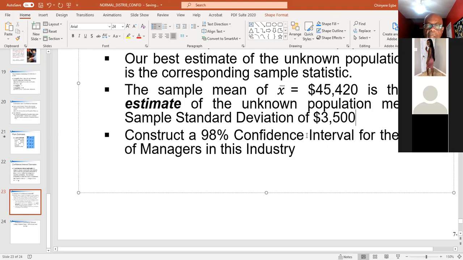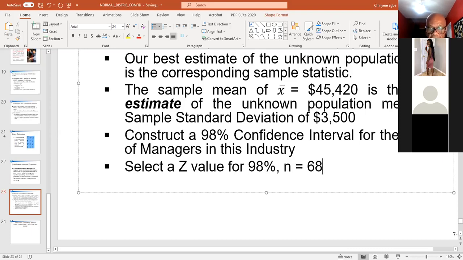We're going to do that in a 98% confidence interval. So we select a Z value for 98%, and n we know is equal to 68.